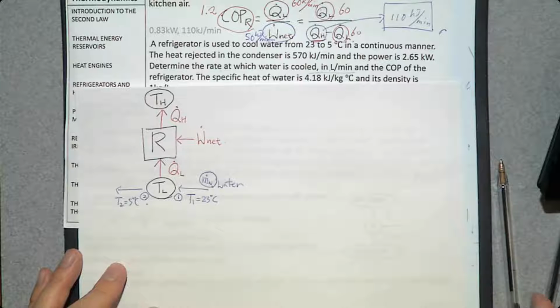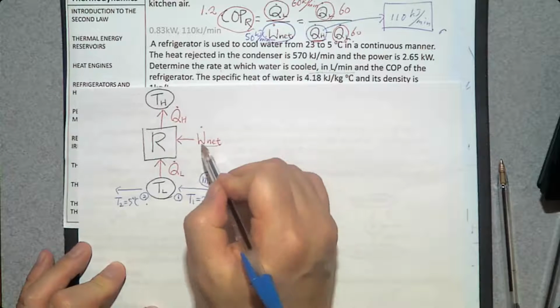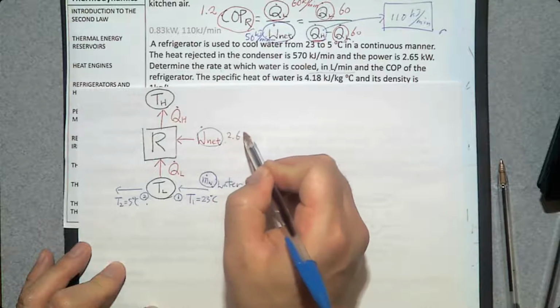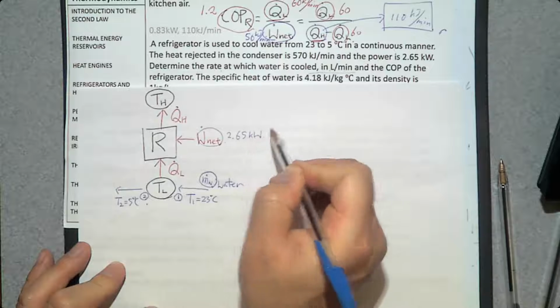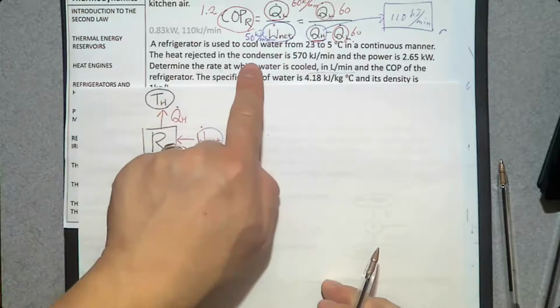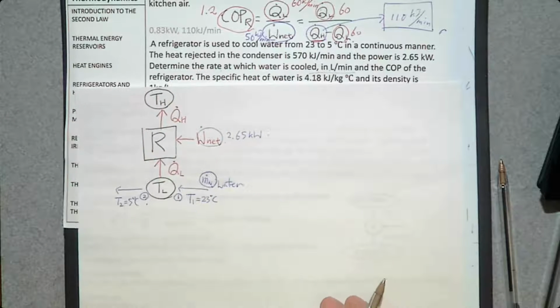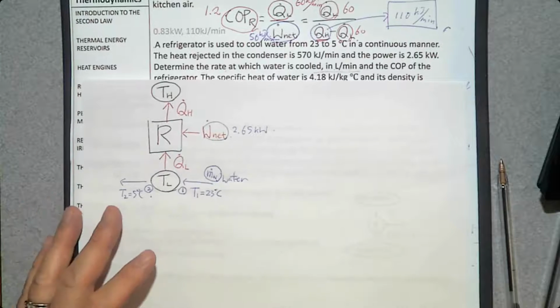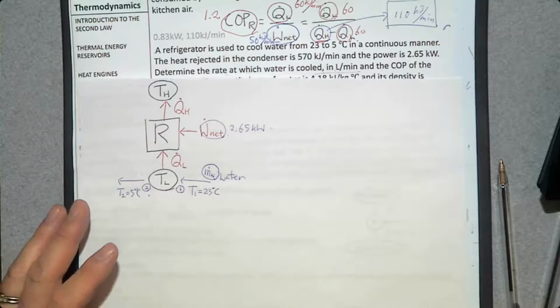Okay, let's do that. The power consumption is 2.65 kilowatt. The heat rejected in the condenser. So heat is being rejected from this refrigeration cycle. Is it QL or QH? It's going to be QH because it is the heat rejected from the refrigerator. So Q dot H is going to be 570. Do you like 570?